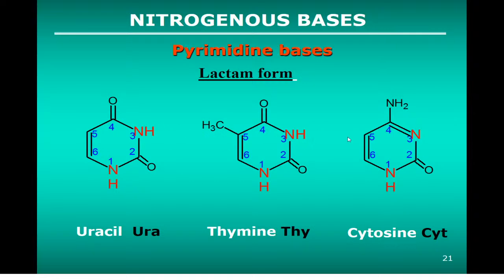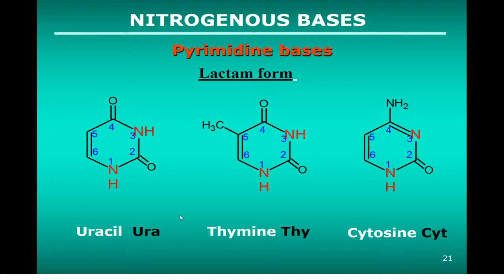So there are three major nitrogenous bases, the major structural units of DNA and RNA. There can be minor nitrogenous bases, but not often, and it depends on the exact nature of DNA or RNA. RNA more often consists of minor nitrogenous bases, but DNA not often.